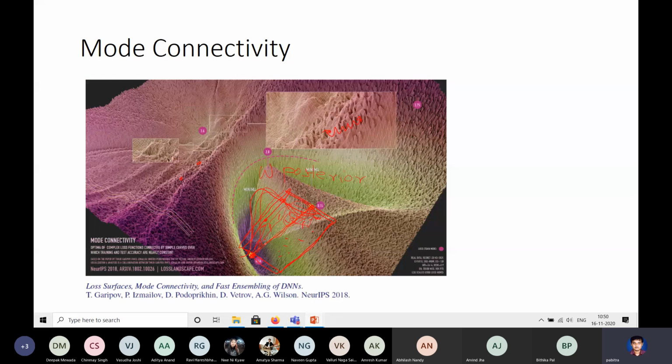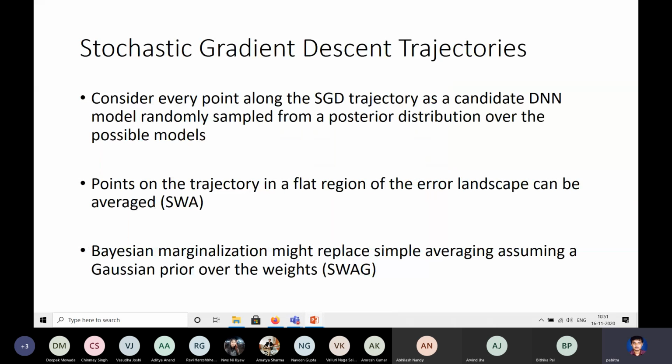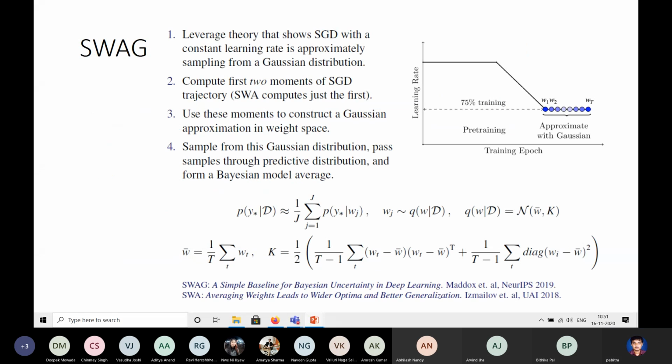Assume that individually they follow small Gaussians, and instead of just taking the average, assume W to be a Gaussian, and using these samples estimate the mean of the Gaussian as well as the variance of the Gaussian. So stochastic weight averaging using a Gaussian is called the SWAG algorithm.